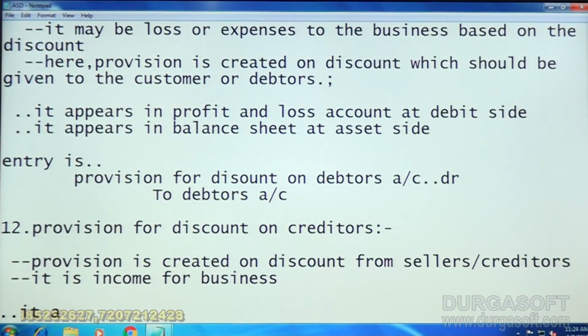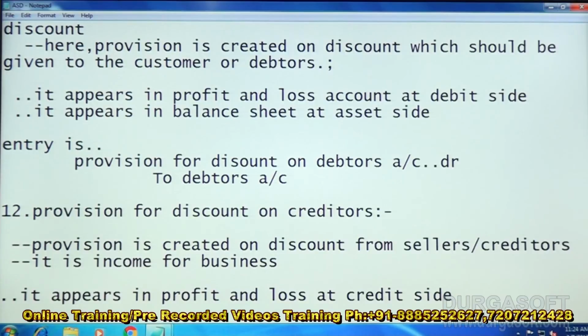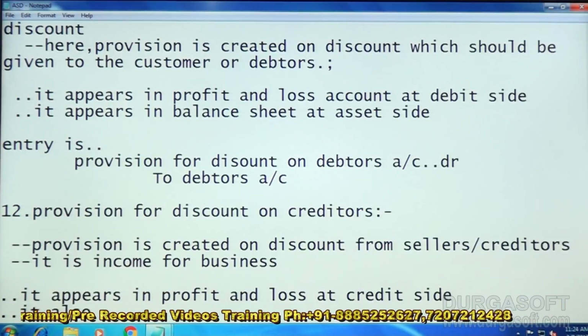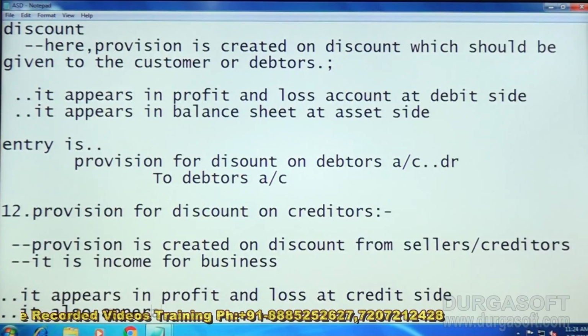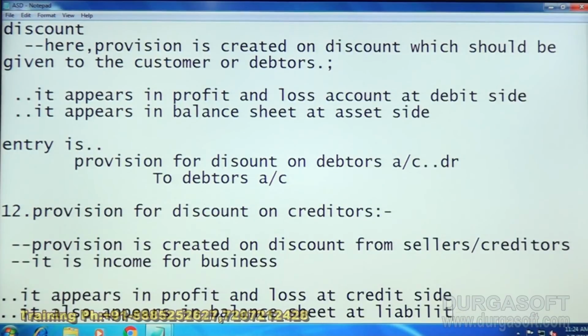it appears in profit and loss at credit side. It also appears in balance sheet at liability side.